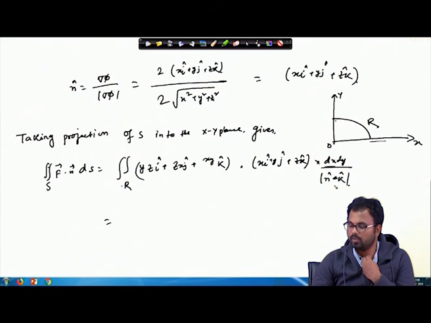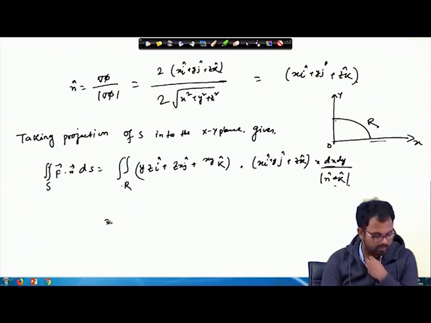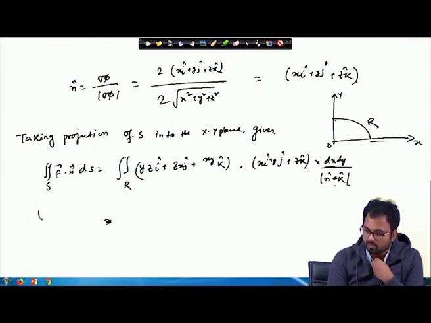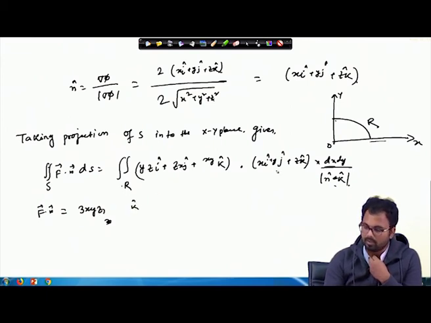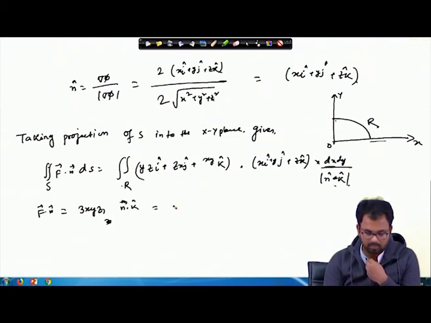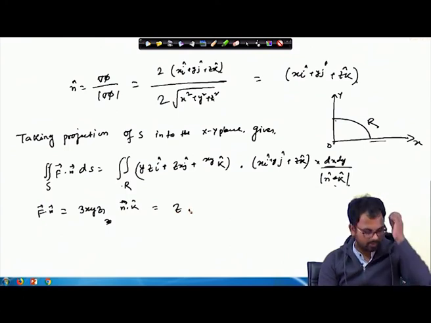So, if you take n dot k, then this will reduce to just z. So, from here f dot n is 3 x y z, and n dot k will be basically z, right.